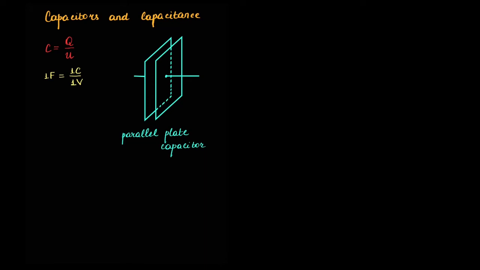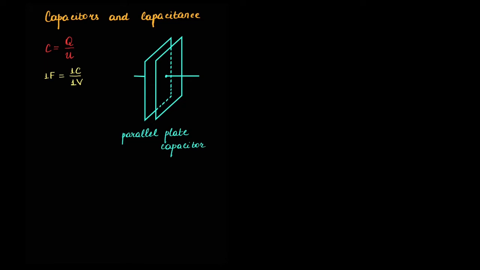If the size of the plate is big, then of course the storage of charge is big. Using our intuition, we can immediately say that if the surface area of the plates is big, then the capacitance should also be big.